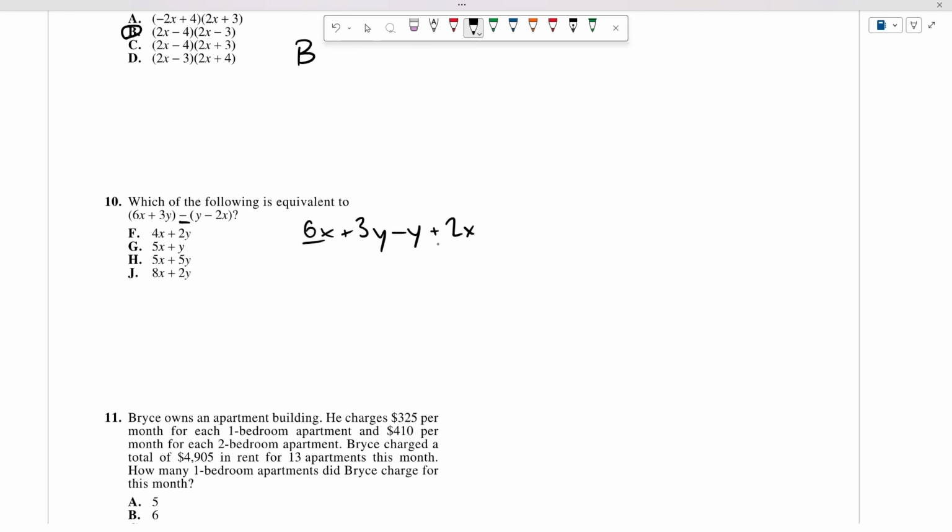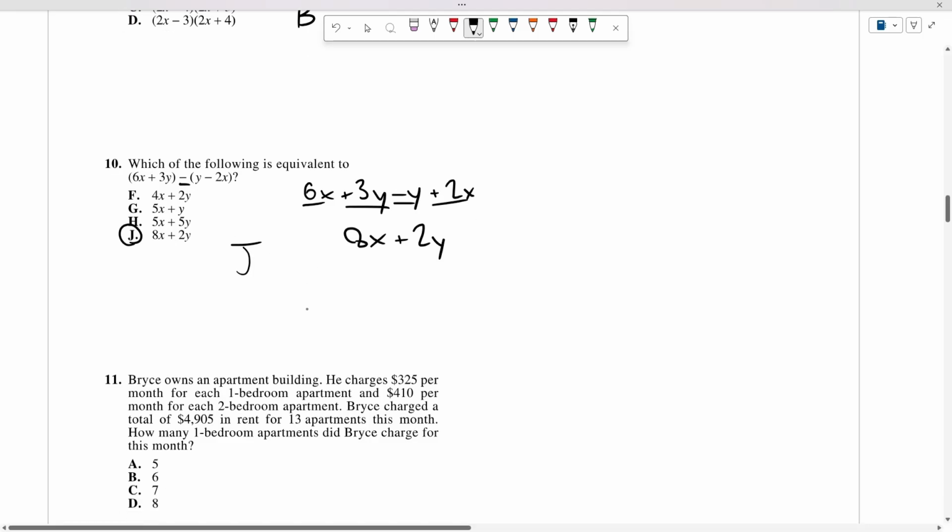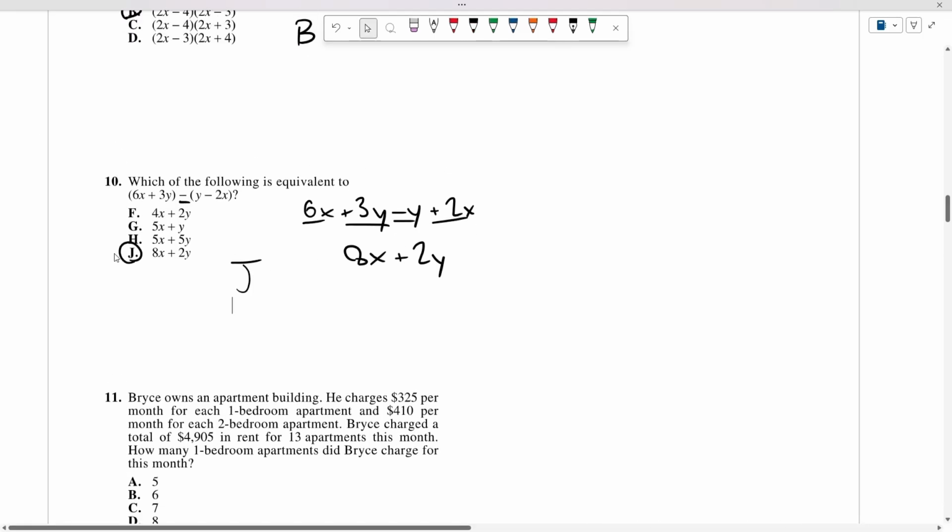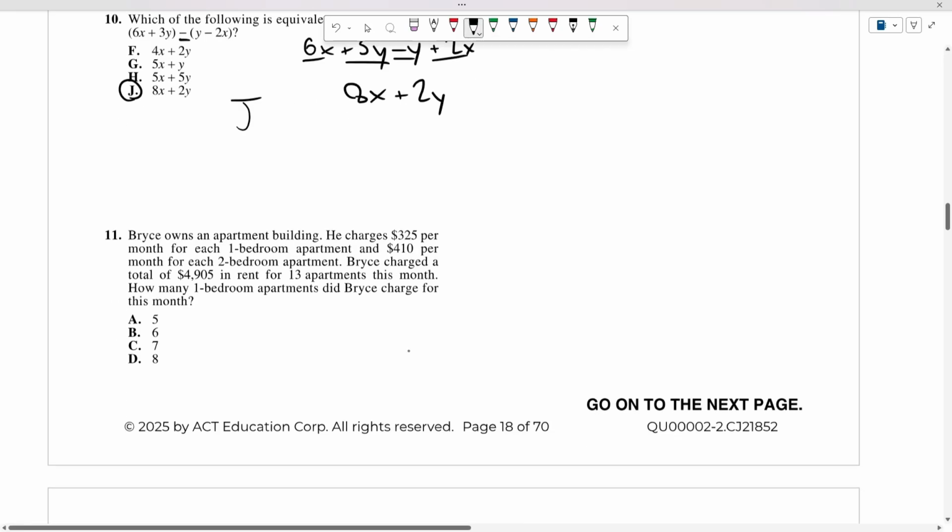And then you combine the like terms, we get 6x plus 2x is 8x, and then 3y minus y is plus 2y, okay? So that one is J. Knowing how to combine like terms like this is non-negotiable. Your calculators won't do this for you, okay? So make sure that you know how to combine like terms for expressions like these.